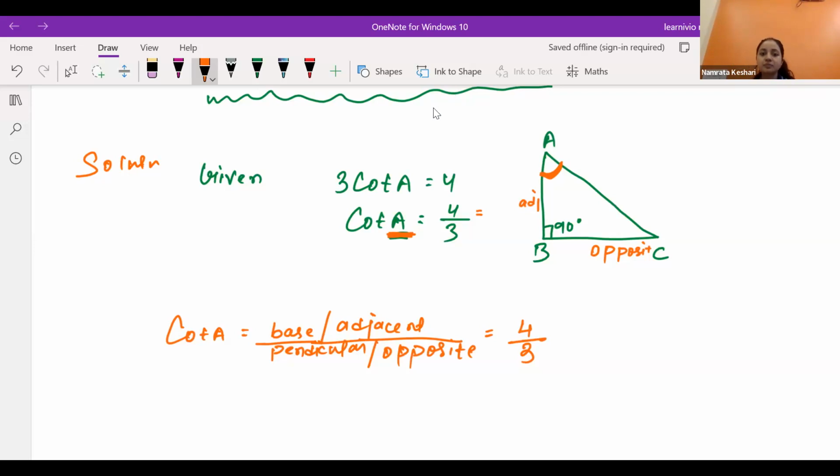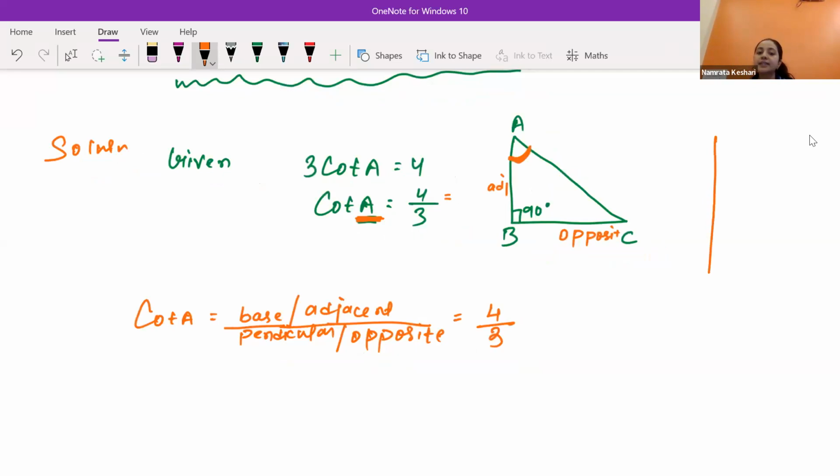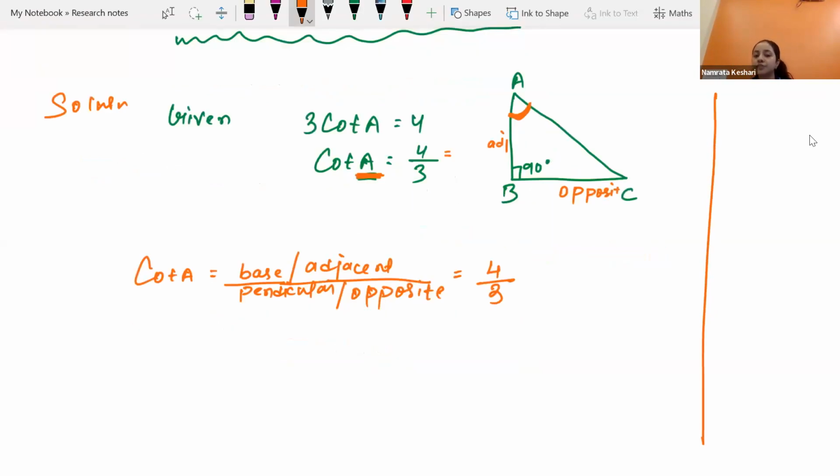Okay. Yes, Maha, you were not there in yesterday's class. I was explaining that maybe this is the reduced form of the fraction. Maybe the original number for adjacent over opposite is maybe 16 over 12, and then the reduced form is 4 by 3.